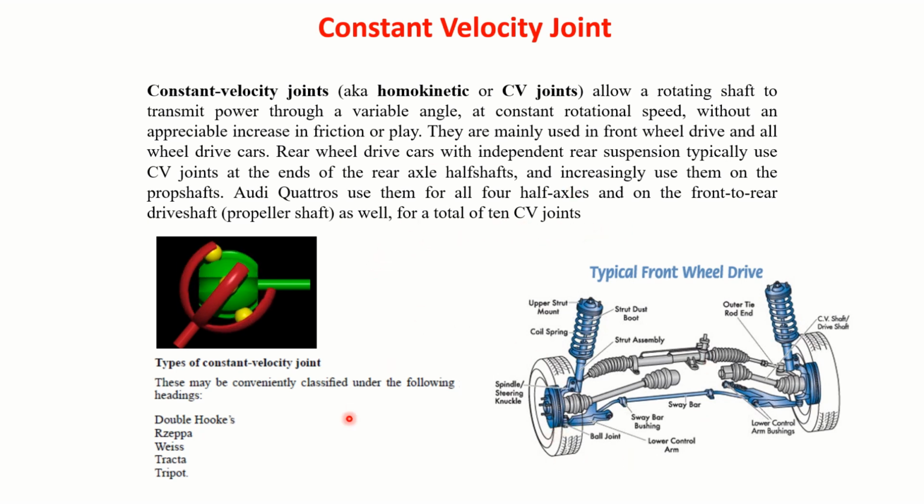So please understand the difference between a constant velocity joint and a universal joint, the problem of using a universal joint and how we can overcome that problem using a double Cardan joint, and what exactly we mean by a constant velocity joint or CV joint.